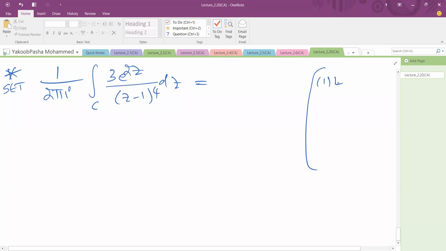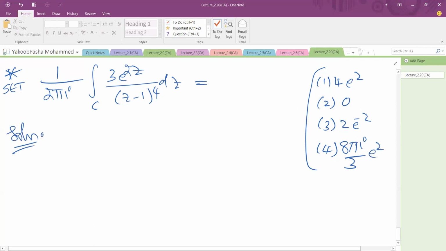First option 4e square. Second option 0. Third option 2 e to the power of minus 2. And the fourth option 8 by 3 e square.